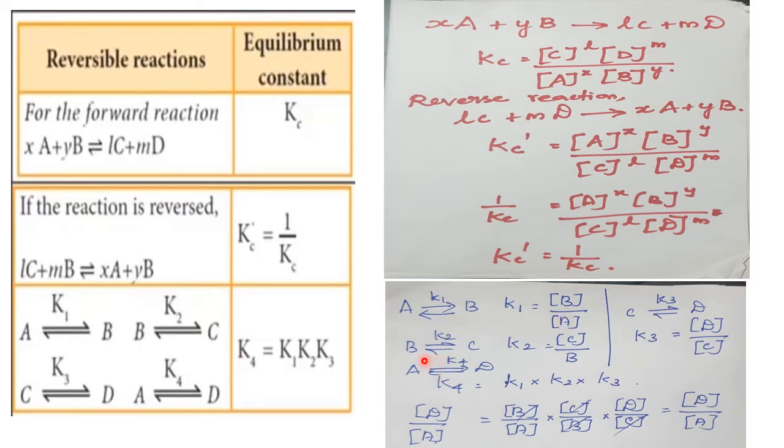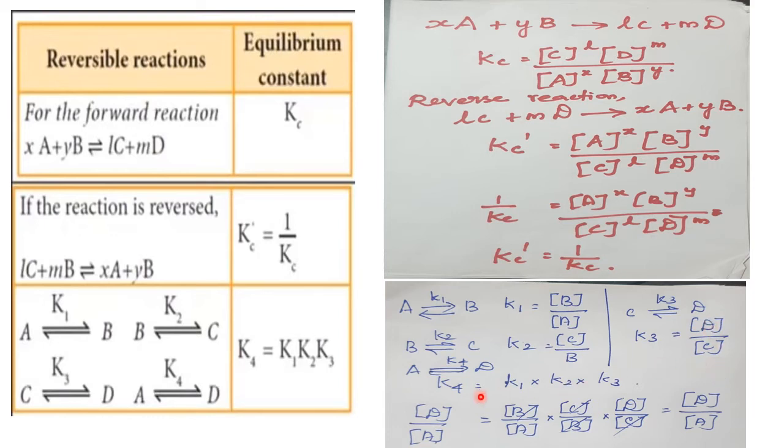Then for B to C, that rate constant is K2. So K2 is equal to product divided by reactant, C concentration by B concentration. Square brackets will come here, I missed that. Then third step, C to D, here the rate constant is K3. So K3 is equal to D concentration divided by C concentration.